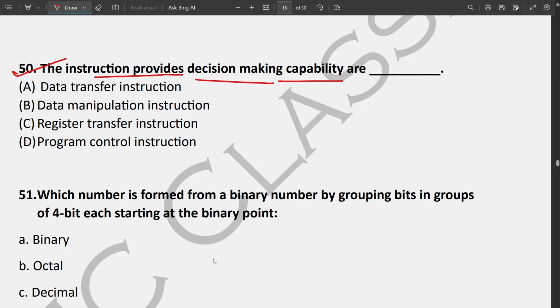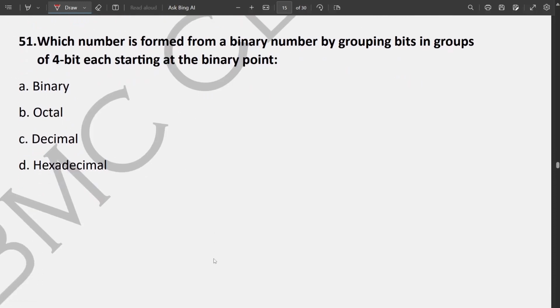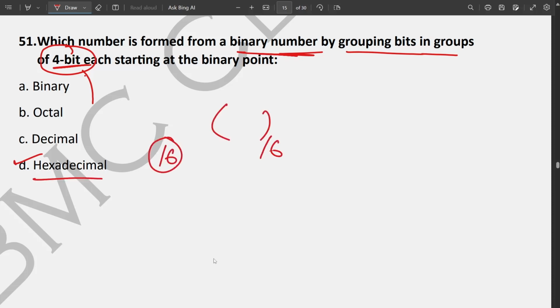The answer will be program control. Program control instruction provides decision-making capability. Next, which number is formed from a binary number by grouping bits in groups of 4 bits? The answer will be hexadecimal because its base is 16 and group of 4 bits.